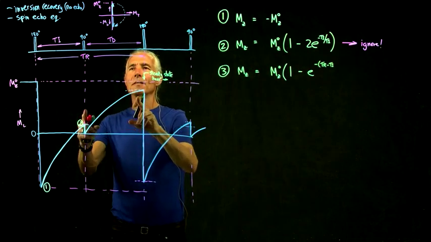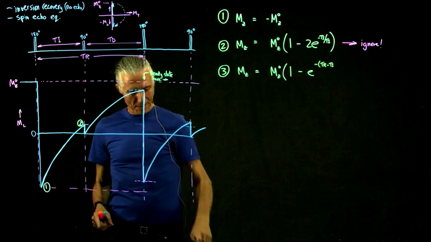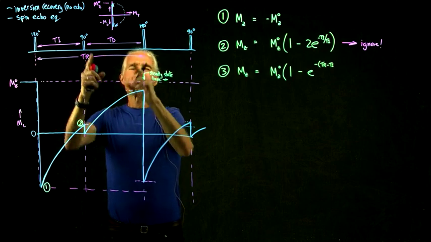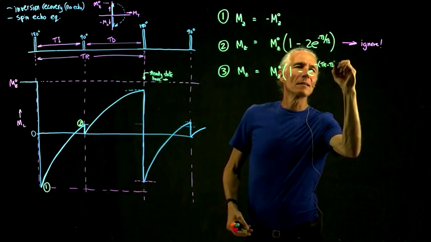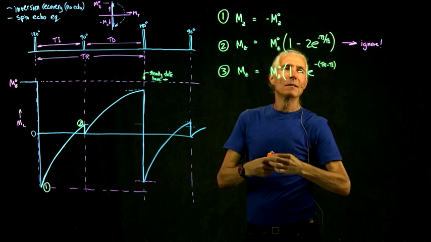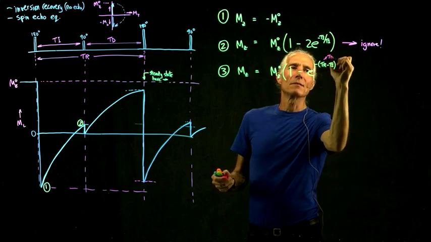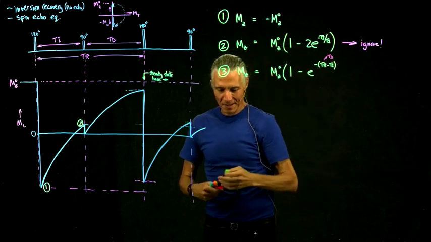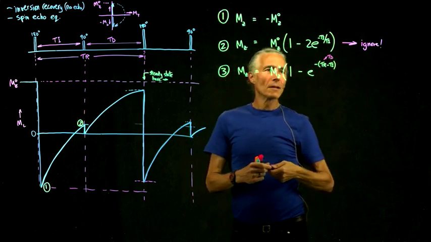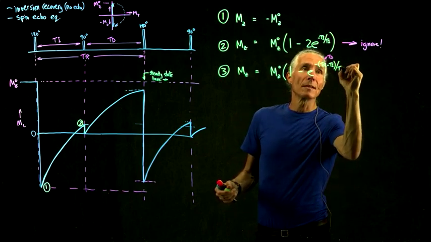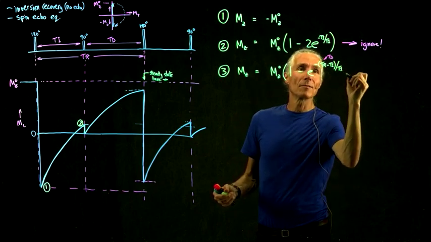Did I do that right? TD is, oh man, there's another typo in there. Yeah, so TR minus TI is TD. We could use TD instead, but I'll just save one symbol. And then divided by T1. So I'm sorry about the I and 1.